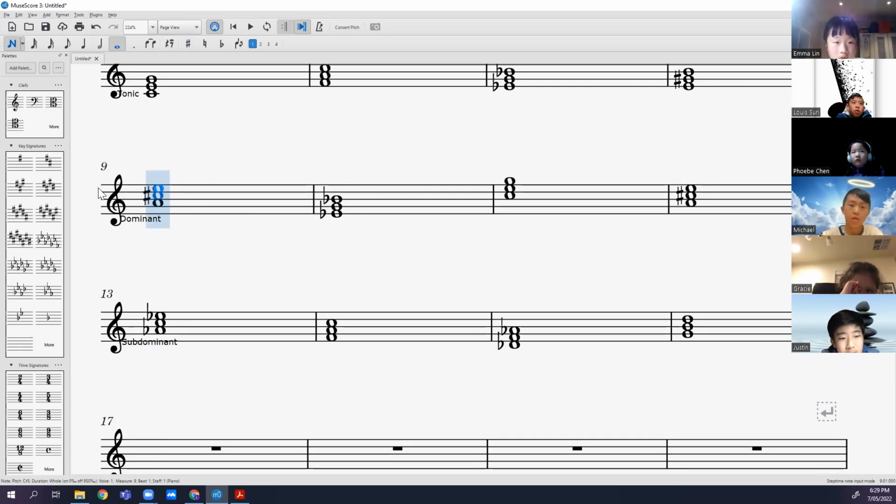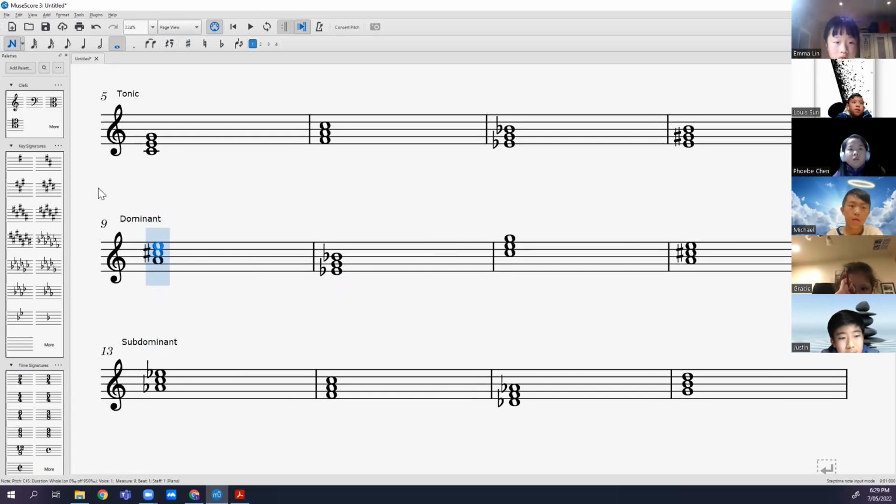There's meant to be a sharp on the first one in the dominant. Sorry. If you identified it as minor, then well done. Michael is in heaven. Michael is ascending. Louis, yep, the first one and the last one in the dominant is the same. Oh, I did not realize that. Sorry. Yep. Okay. Thanks for telling me. I'll redo that.